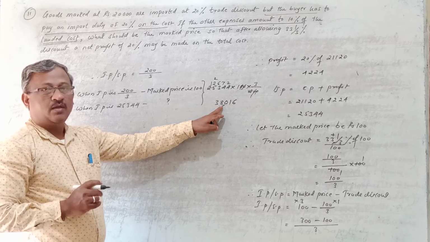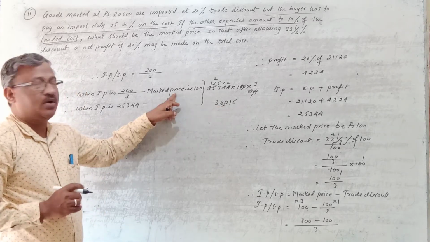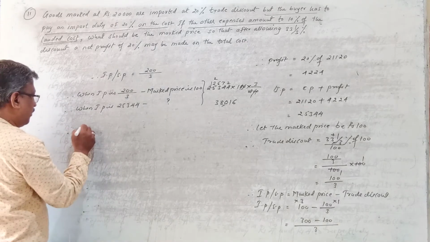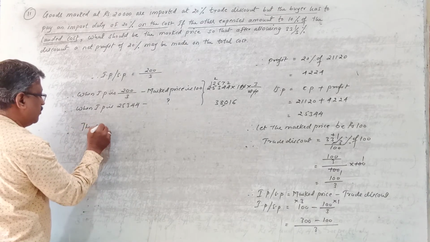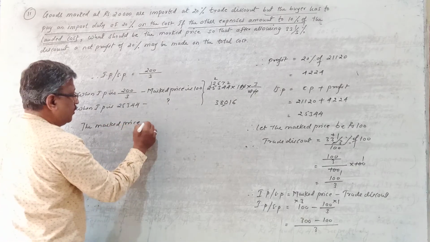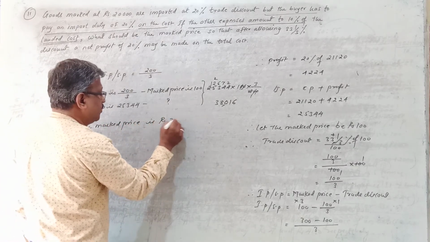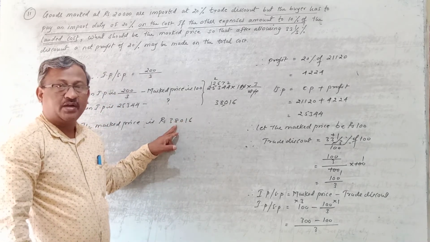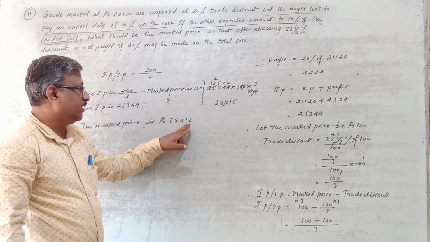So 38,016 rupees is called the mark price of whom? Of the importer. Therefore the mark price is rupees 38,016. Means the importer will have to mark his goods for sale at rupees 38,016.